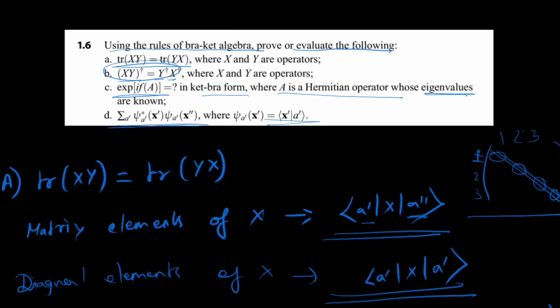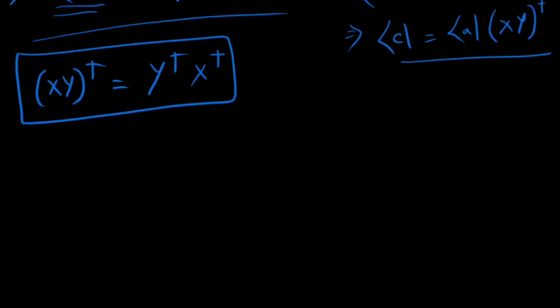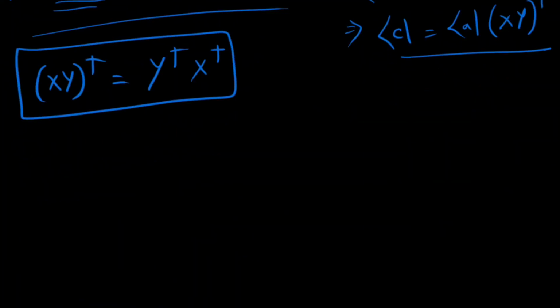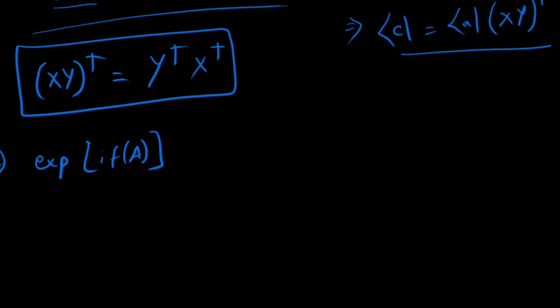We have been given the exponential of i times a function of A, which we have to evaluate in the bracket form. So let's do it. So question number C, we have been given the exponential of i times a function of A, and if I reckon correctly, A is some operator whose eigenvalues are known. So it might have many eigenstates.